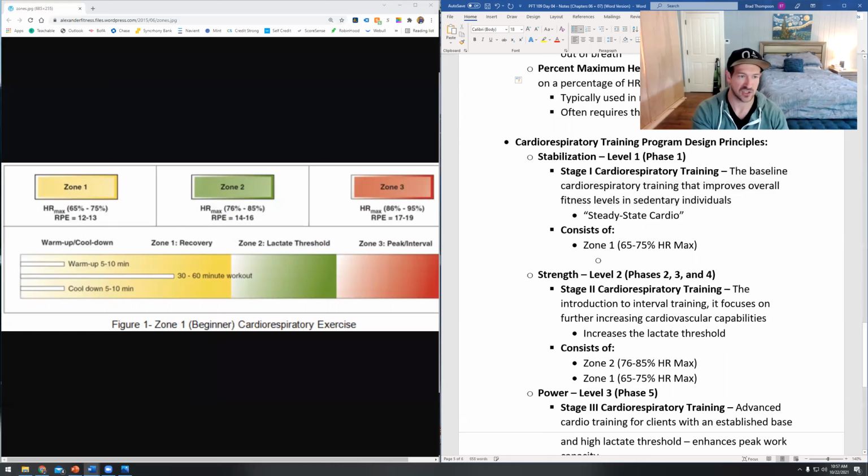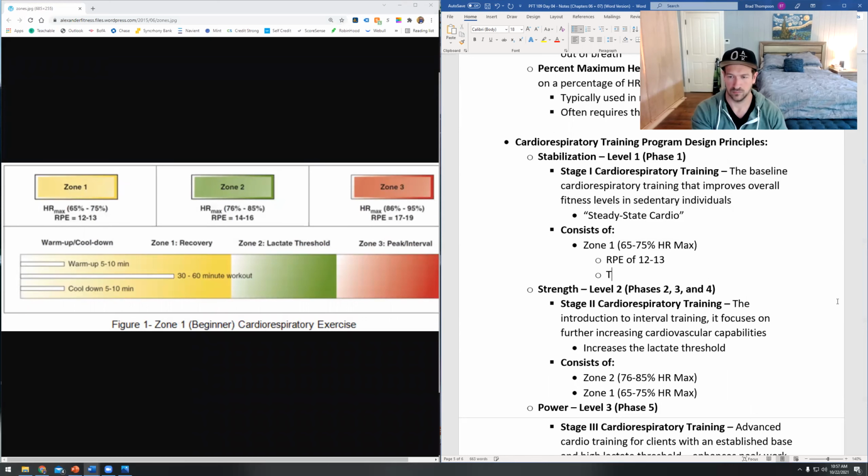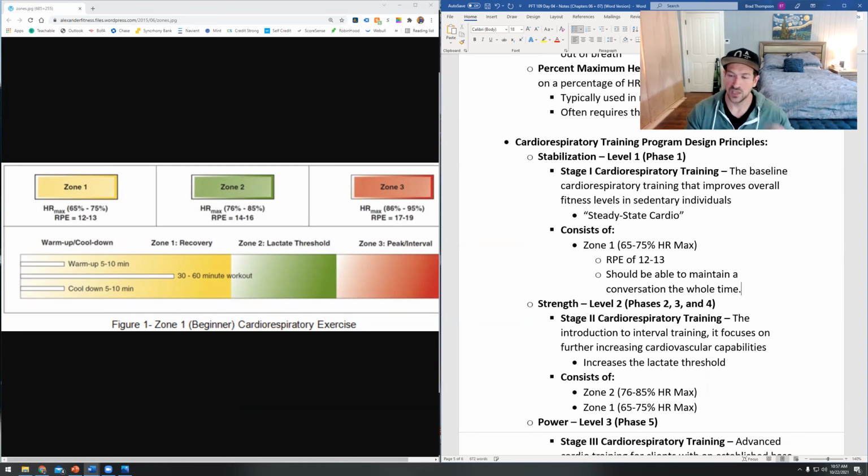I'll put that down here actually. So they should be able to maintain a conversation the whole time. That's your gentle sort of zone 1 cardio, right? An RPE of like 12 to 13.